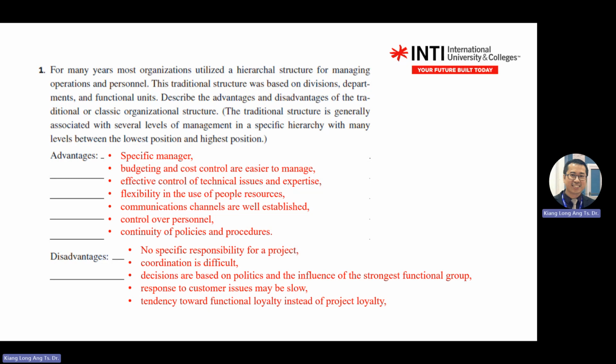So for this one you talk about loyalty. Again, these are just a guideline answer. So when it comes to exam or test, remember to go and read the handbook in the Canvas or in our slides.